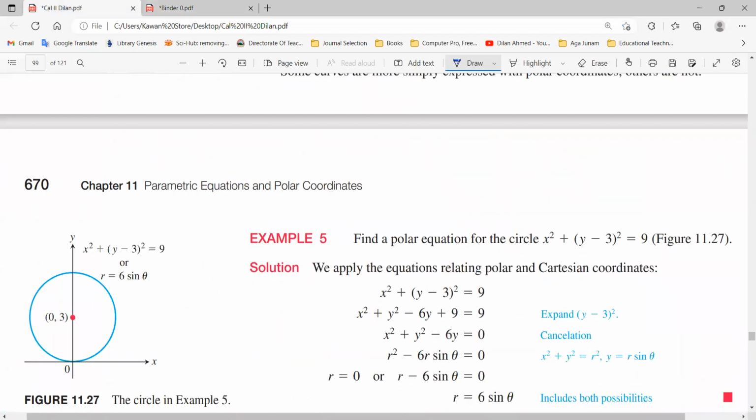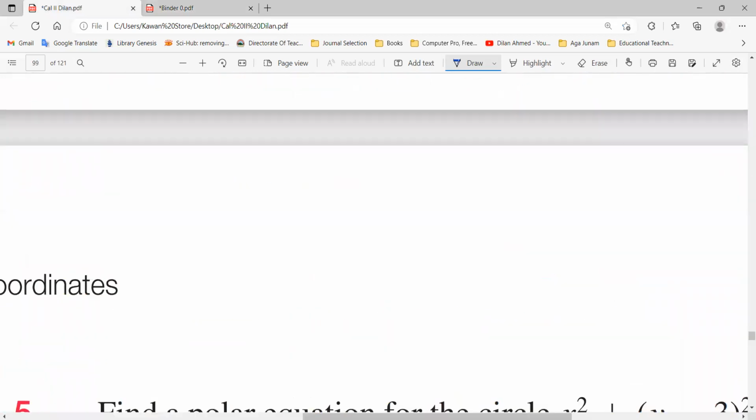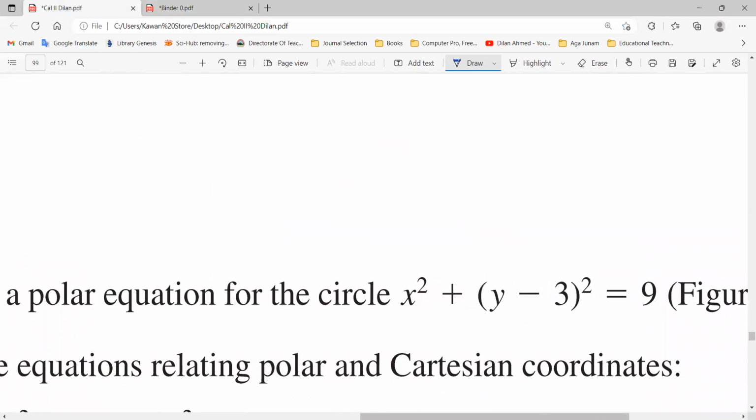Now we have the reverse. If I can change the polar to Cartesian, of course, vice versa, we can do it. So we have x squared plus (y minus 3) squared is equal to 9. How do we change that? Open the square first.